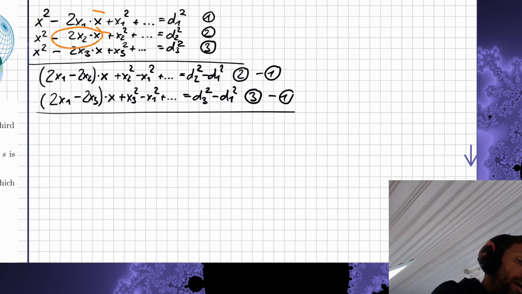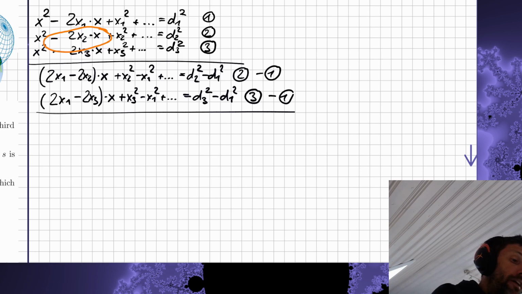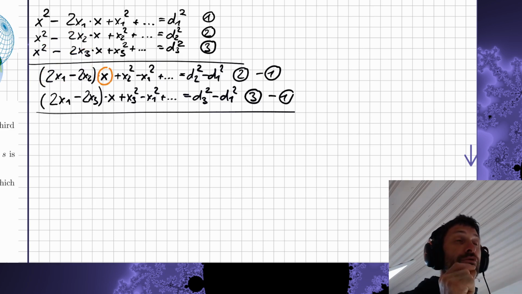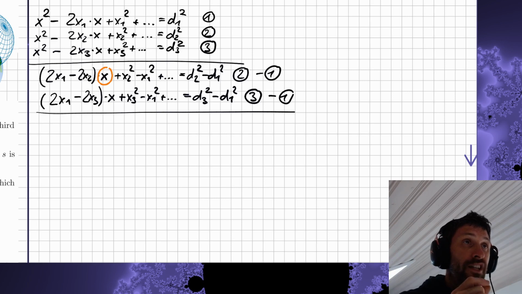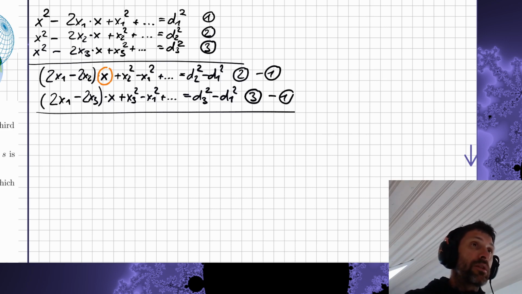Equation 2 minus equation 1 is minus minus is plus, so 2 times x1 times x minus 2 times x2 times x. And then we can factor out, and we get 2 times x1 minus 2 times x2 times x. And it's very important to understand which are variables unknown and which are known variables.